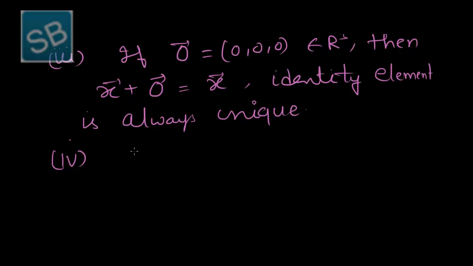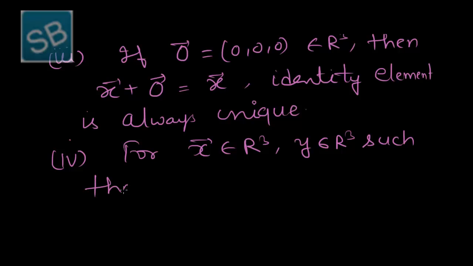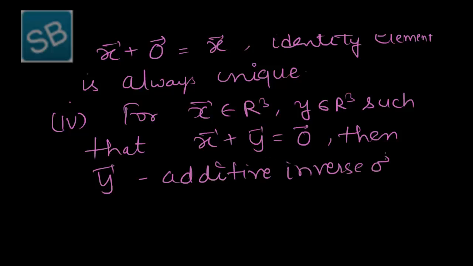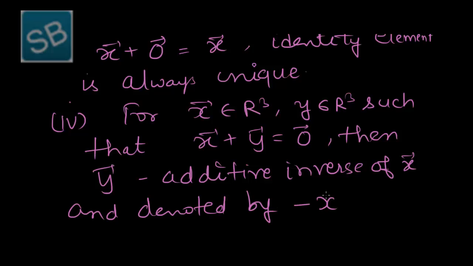Number 4 property: for vector x belonging to R3 and y belonging to R3 such that their sum is the identity element, that is 0, then vector y is the additive inverse of vector x and is denoted by minus x.